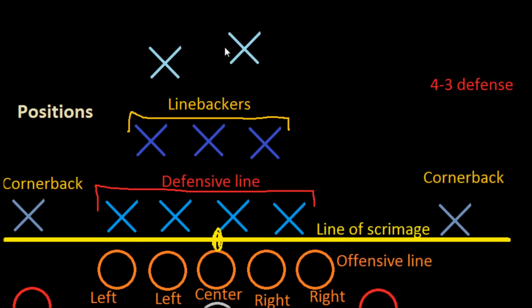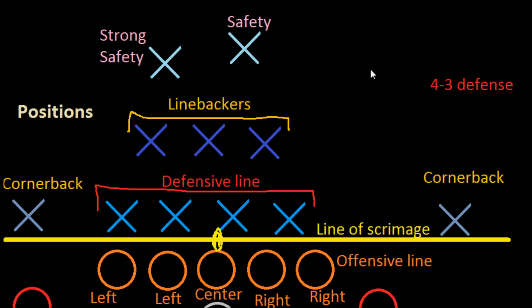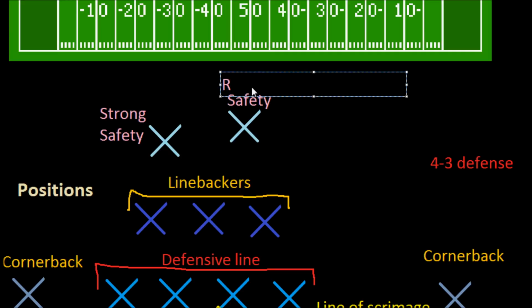And then these 2 guys back here, usually pretty fast guys, these are the safeties. And so sometimes you'll have what is called a strong safety, and the other guy will be what is known as a free safety.